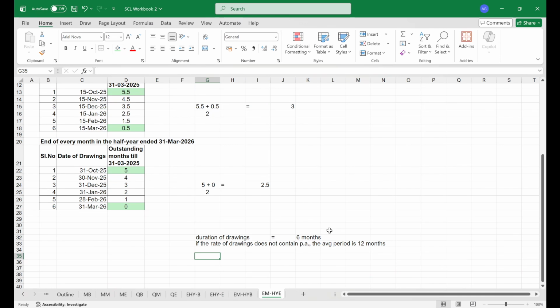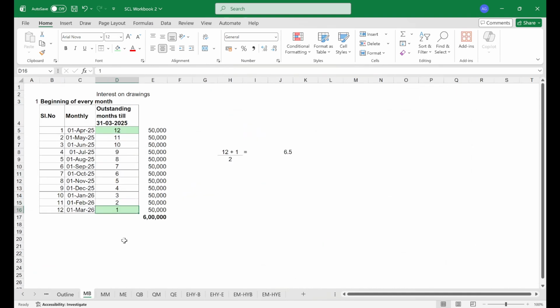Let's say the question says that the partner withdrew 2 lakhs during the year and the rate of interest on drawings is 7% flat. The question doesn't say per annum. So you don't have to worry about the drawings period at all. So you just have to simply apply 7% on 2 lakhs. The answer will be 14,000. That is your interest on drawings. Do not worry about average period.